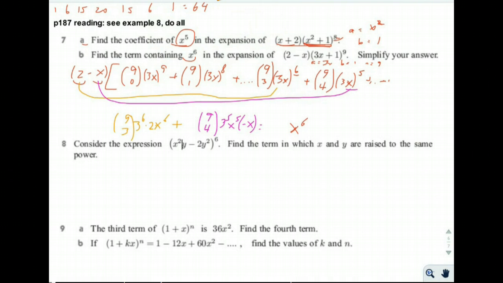Okay? So the coefficient would be both of these things added together. Like the orange term would be 9, 3 to the sixth times 2.